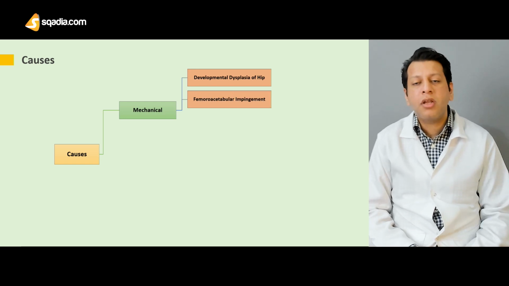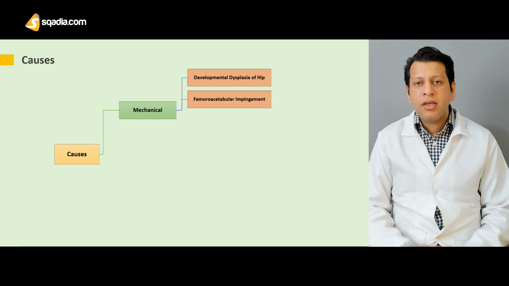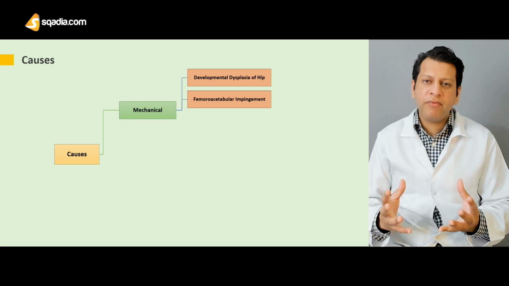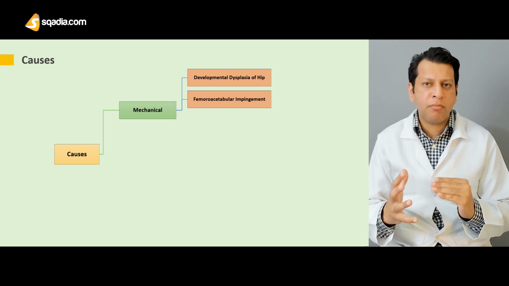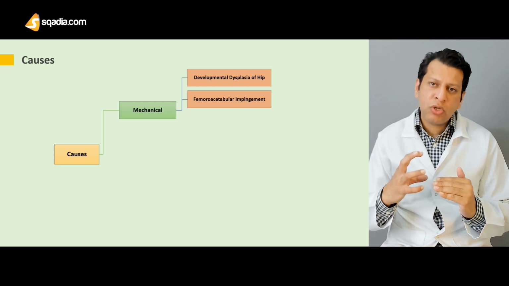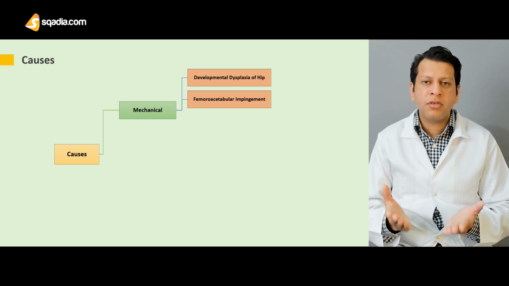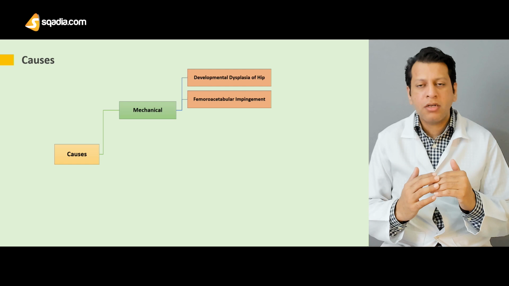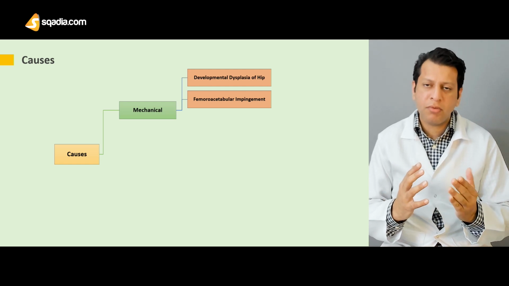Then there is femoroacetabular impingement. This is one of the very important causes of osteoarthritis. Femoroacetabular impingement can be simplified as the femoral head articulating with the acetabular socket. If there is something wrong with the acetabulum, whenever the patient is moving, for example flexing the hip joint or externally or internally rotating, there will be articulation at the femoral head and neck level against the acetabulum.